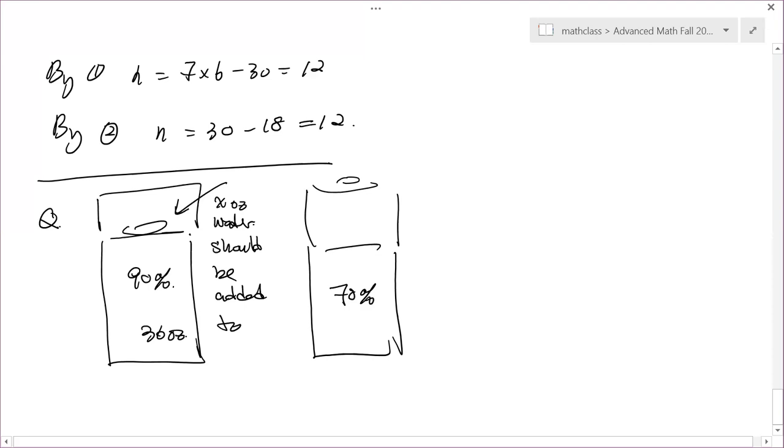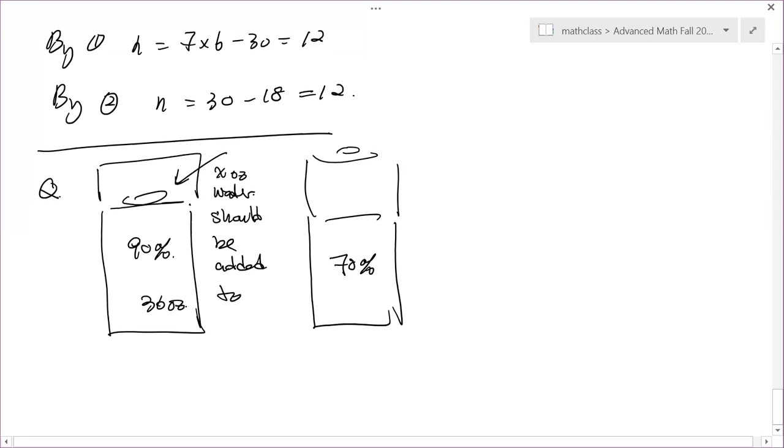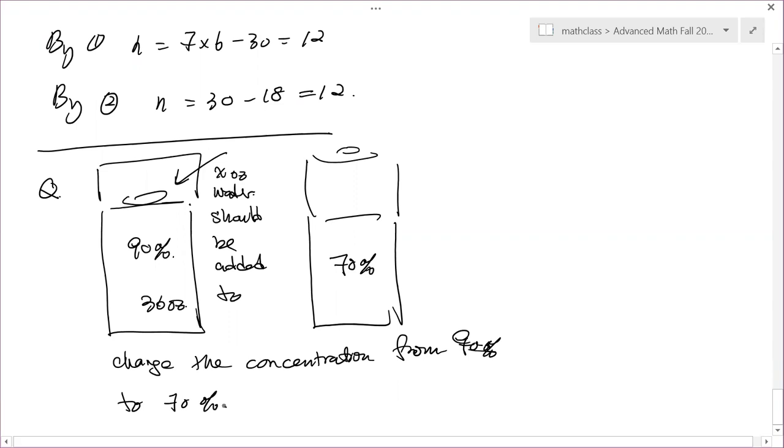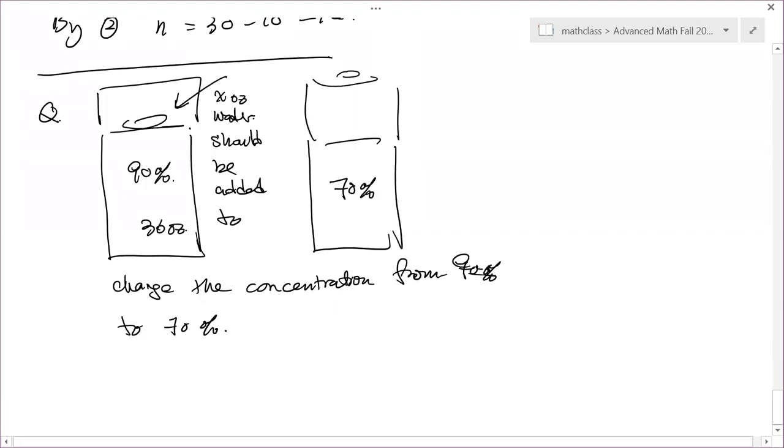Okay, so please do this problem. From 90% to 70%. Yeah, please work out this one.